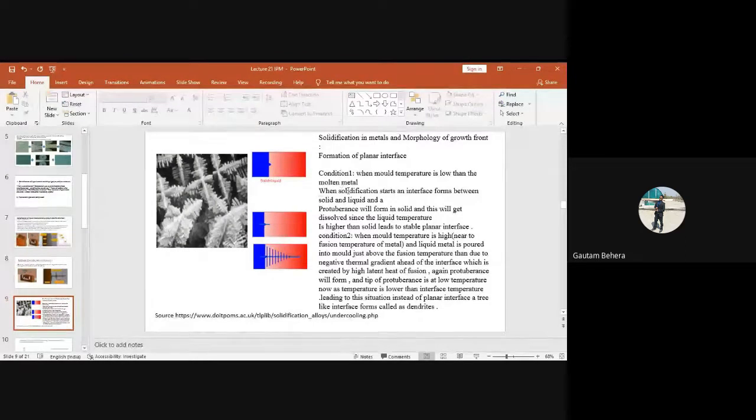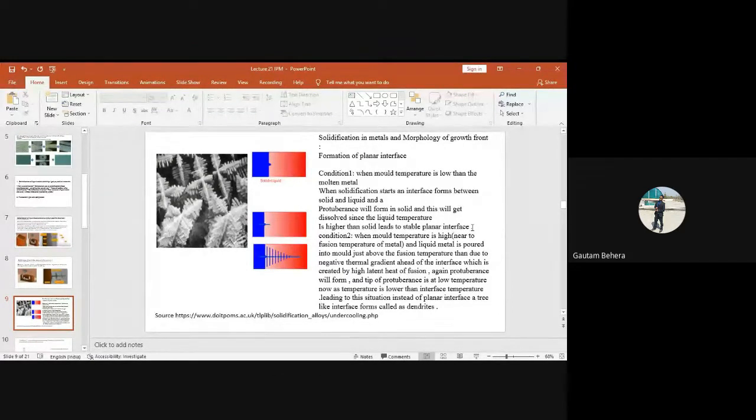What I have written: when solidification starts, an interface forms between solid and liquid, and a protuberance will form in the solid, and this will get dissolved since the liquid temperature is higher than the solid, leading to a stable planar interface. Again, I am saying a stable planar interface will form when the mold temperature is very low but the liquid temperature is very high, right? And when the protuberance forms, it will again dissolve.